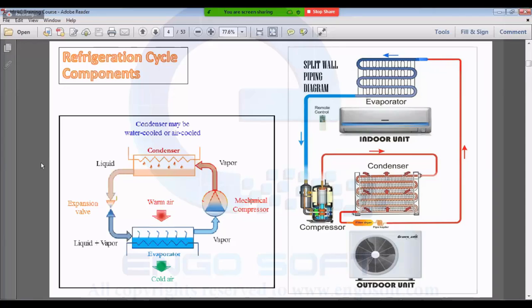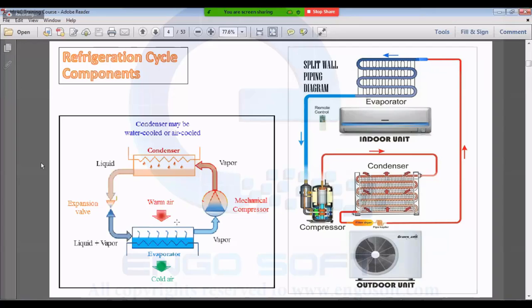There is another reason why we install the outdoor unit outside. When we absorb heat from the space, we want to reject this heat to the outdoors, right?